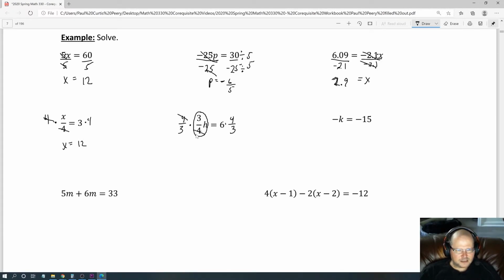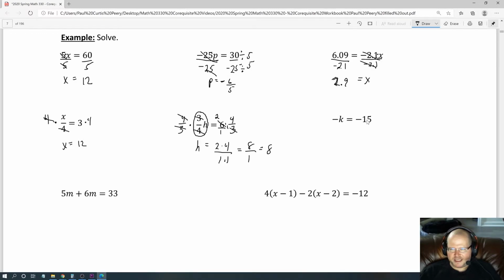So these would cancel out, leaving me h is equal to, and that's understood to be over 1. This 3 and this 3, 6 and the 3 are divisible by 3, which gives you 6 divided by 3 is a 2. 3 divided by 3 is a 1. So what you'd end up with is 2 times 4 over 1 times 1, which gives me 8 over 1. Or just 8. There we go.